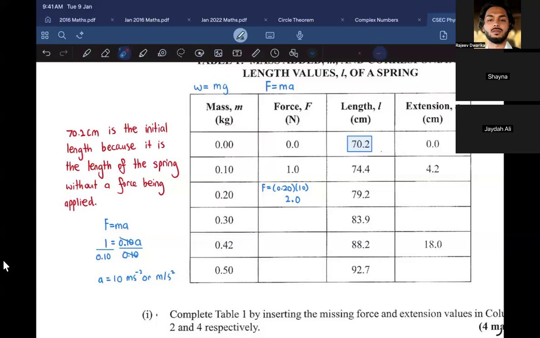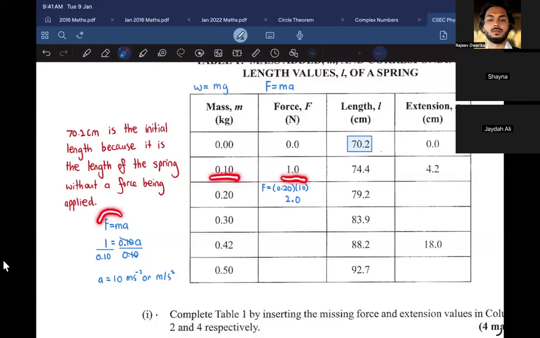So the first thing we need to do is figure out what the acceleration is. Now we're on Earth, and gravity is what is causing things to accelerate downwards, right? So for me to figure out the acceleration, I used this scenario. I knew the force here was 1 and the mass was 0.10.